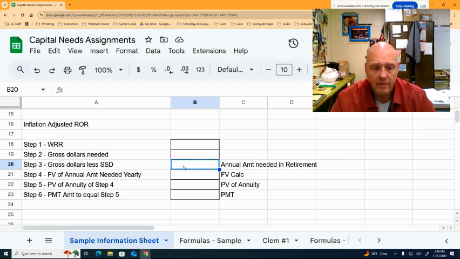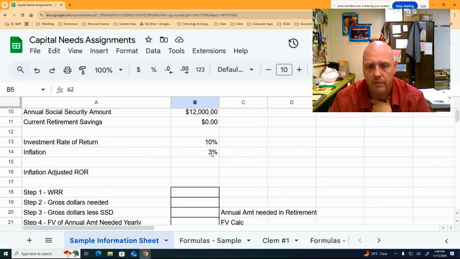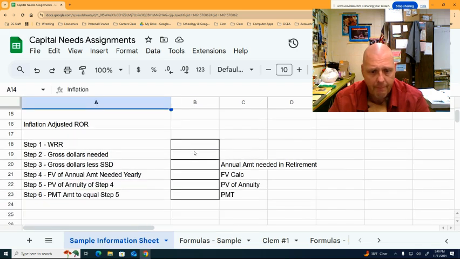We've got to take whatever that dollar value is at current age 41, and we got to bring it forward to age 62 so we're not losing ground, we're not losing purchasing power, and right now we're saying that's a 3% rate of return, inflation.